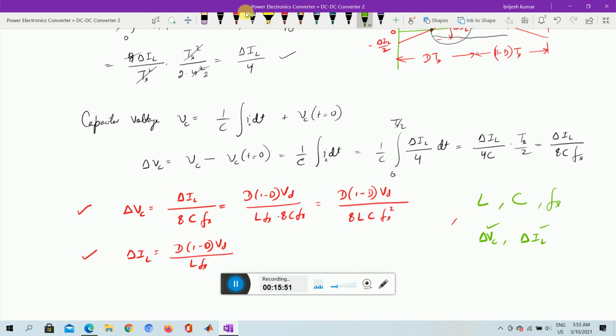Here we assume that the current in the output is constant, and we are trying to regulate del IL and del VC so that we get appropriate values. So that we can think about the critical value of the inductance and the critical value of the capacitance. The rest of the things we will get in another video.